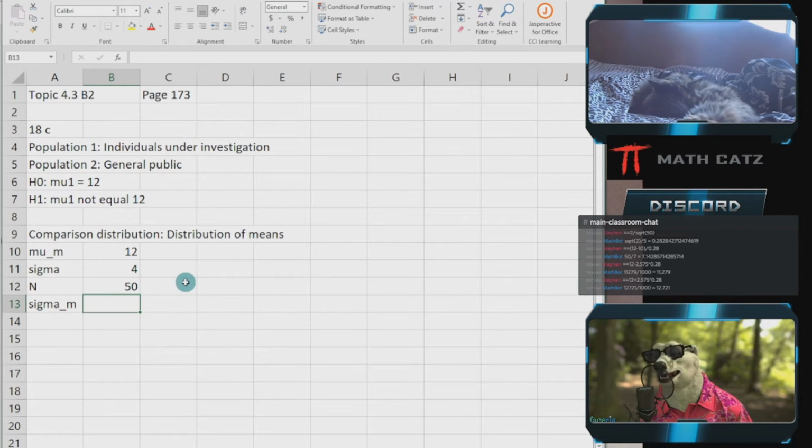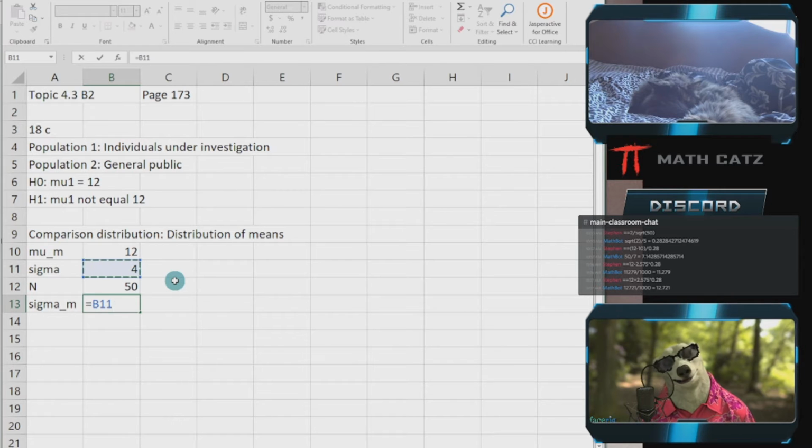So let's put that in as a formula. So we'll have sigma divided by square root.